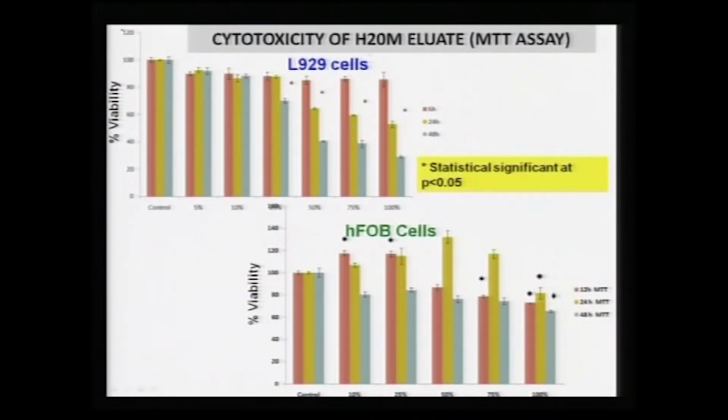Now, in the case of L929, this decrease is also significant, but in the case of the HFOB cells there is some trend which could not be established, because after 24-hour treatment, suddenly the MTT values increase, whereas at 48 hours the MTT values decrease independent of the concentrations.